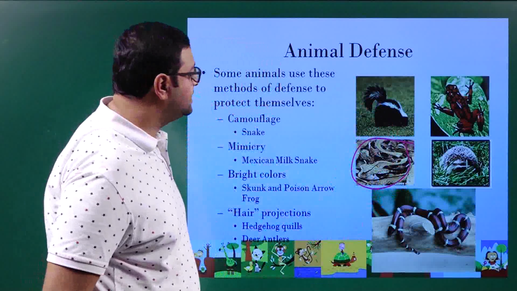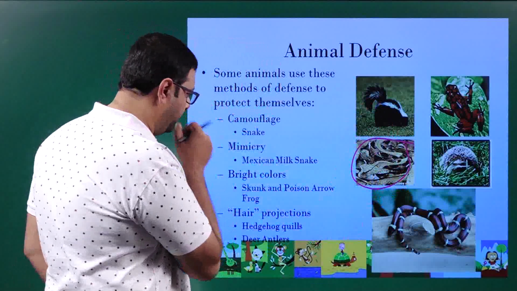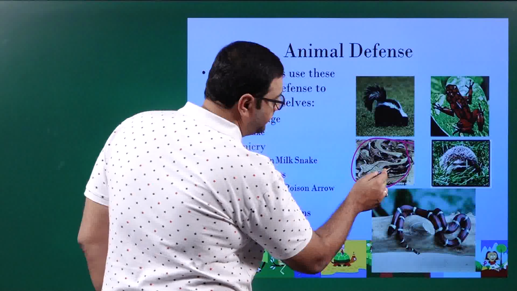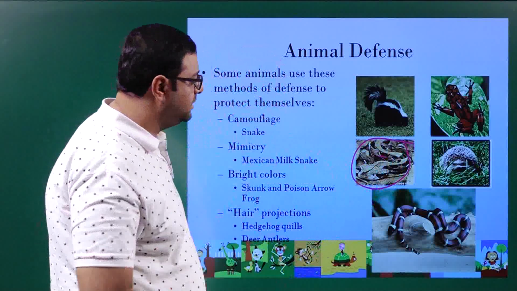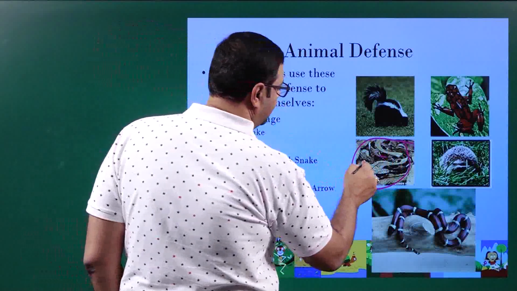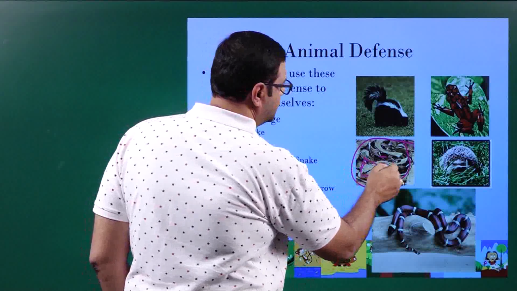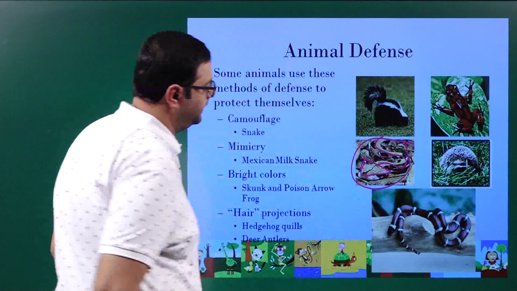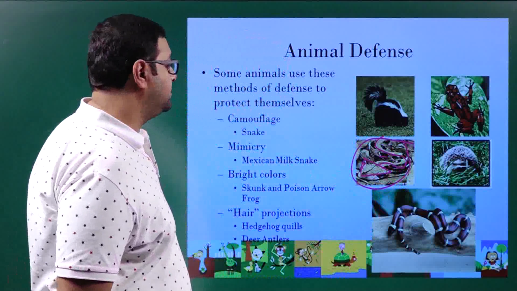Now this is a rattlesnake, which has actually camouflaged itself under the leaves. It has a triangular shaped head. Now that is basically the camouflage.